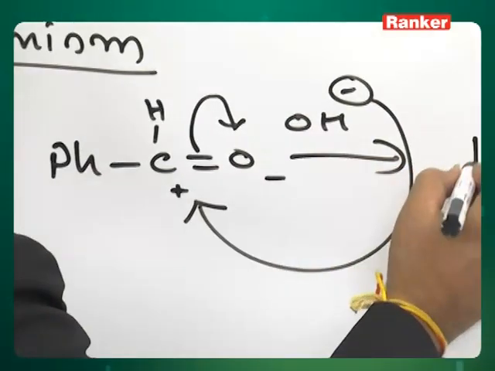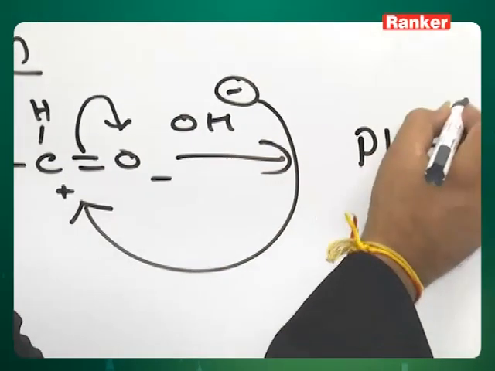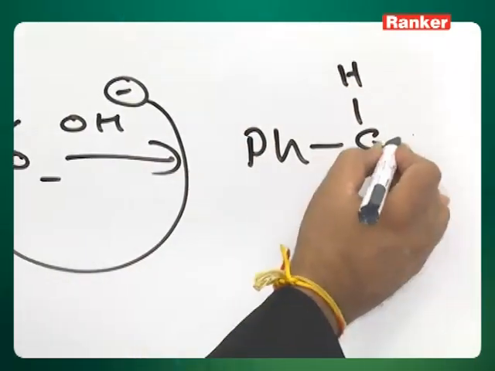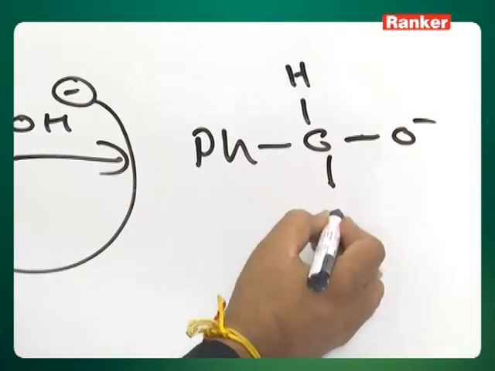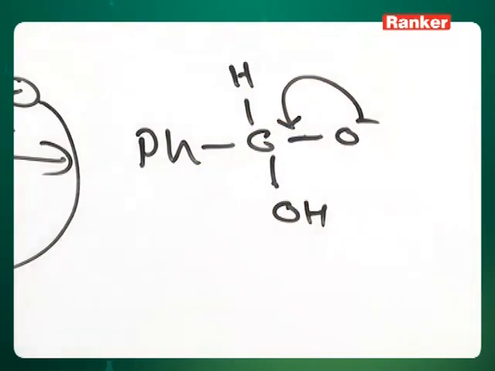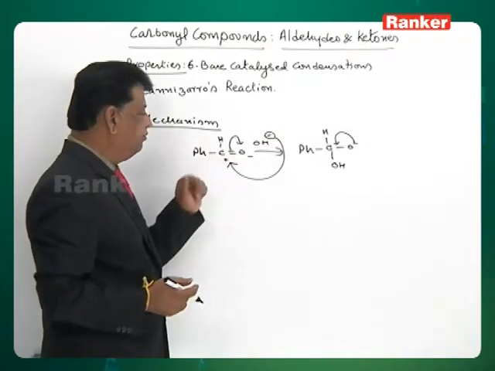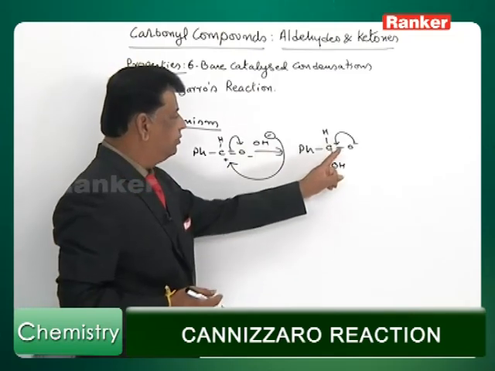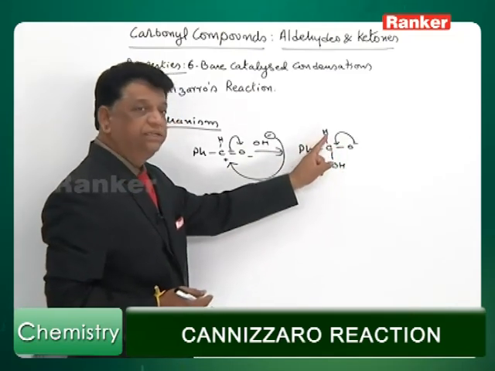Then consequently you will get a phenyl with the C, the H, and the O becoming O minus. When the O minus comes back, again the double bond will be formed. Now, the newly added OH has come, so if this becomes a double bond, five bonds would result.